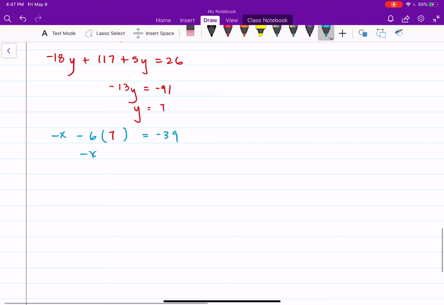Negative x minus 42 equals negative 39. So negative x is equal to 3. So x is equal to negative 3. Okay, so my answer is negative 3, 7.